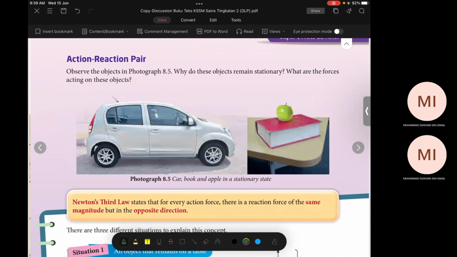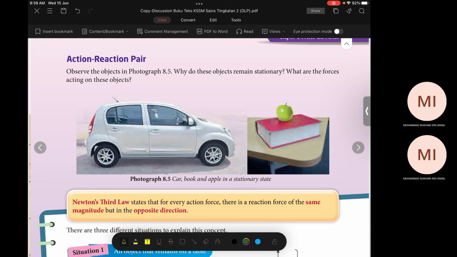Okay, the next thing is action-reaction pair. This is the one that I have discussed just now, but we are going to look at it again. Observe the object in photograph 8.1. Why do these objects remain stationary?